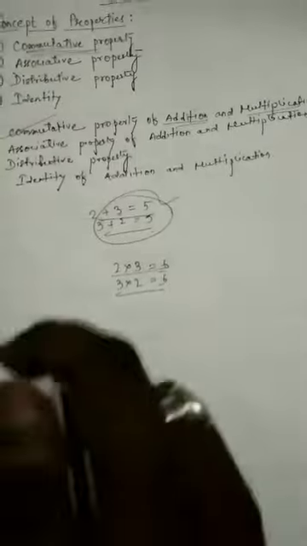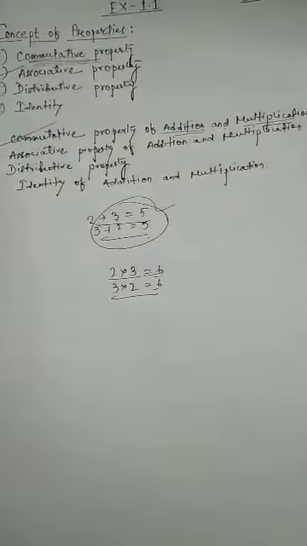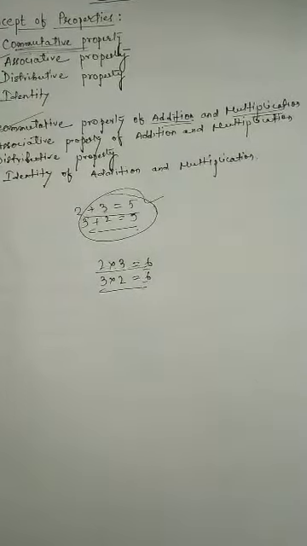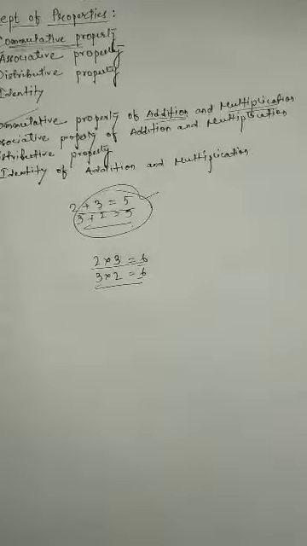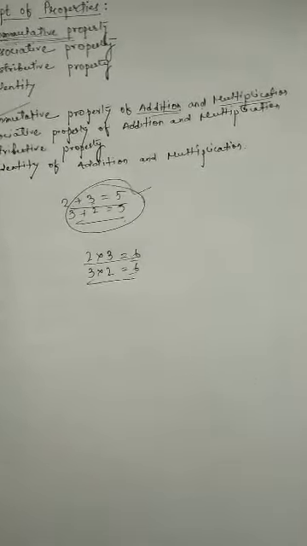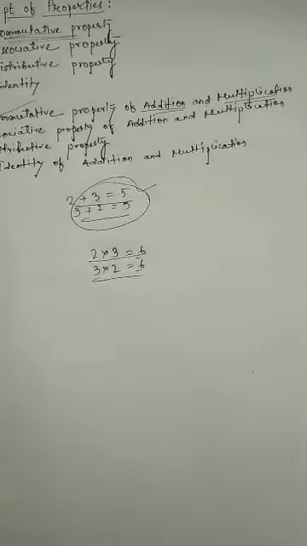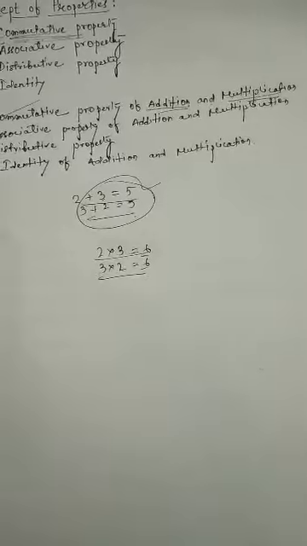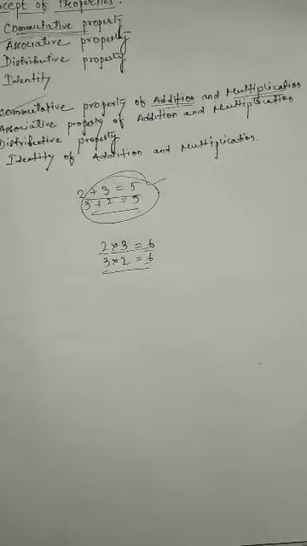When we are talking about associative property, it basically deals with three numbers. It can be of different symbols or different signs as well. Associative property comes under two different processes. One is of addition, the other one is of multiplication. Associative property over addition, associative property over multiplication.